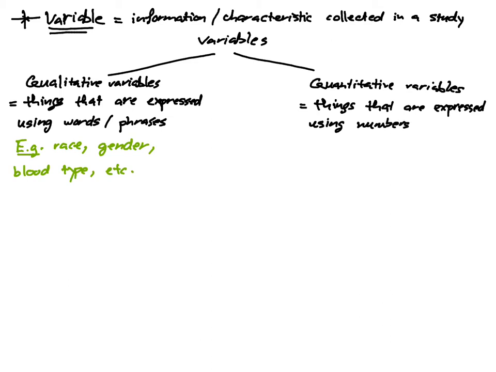Now, there are two subtypes of quantitative variables. We have discrete quantitative variables, and then we have continuous quantitative variables.